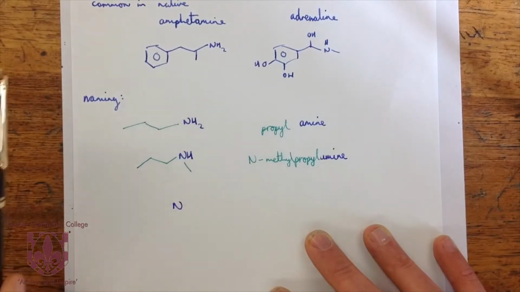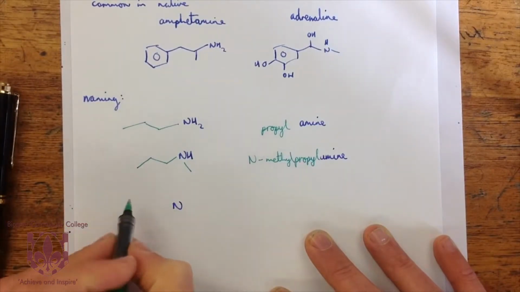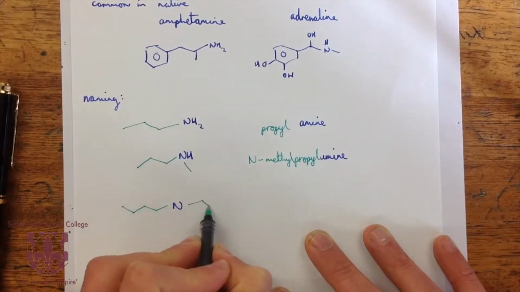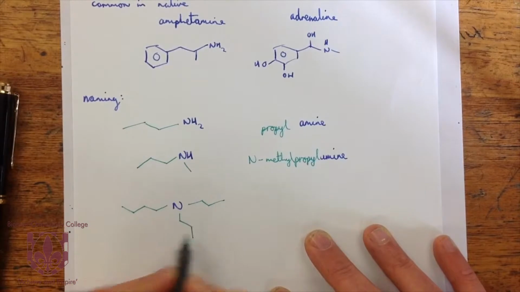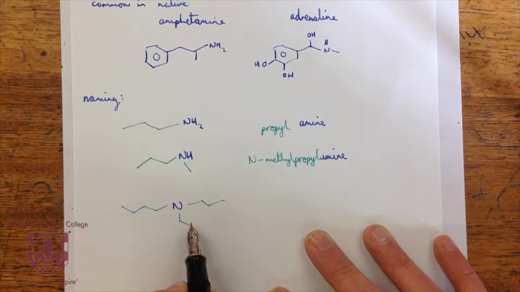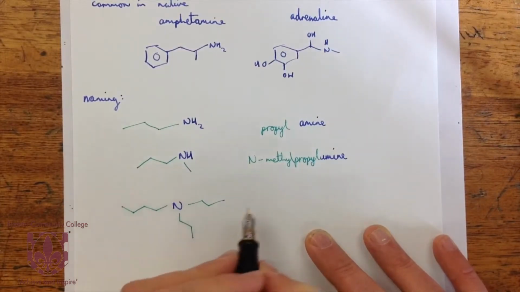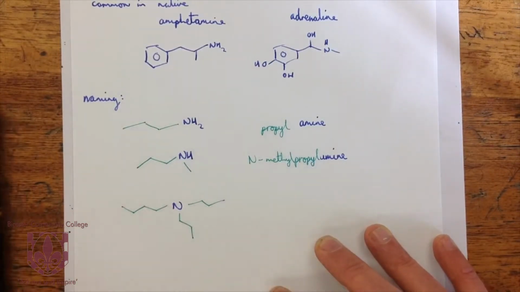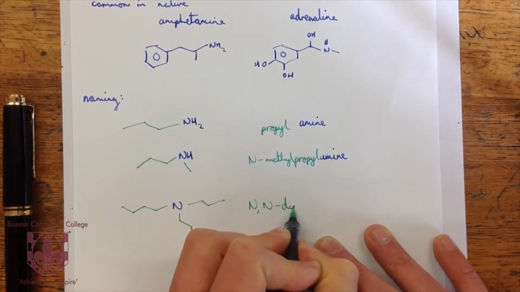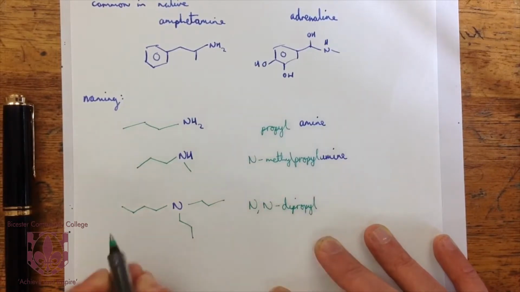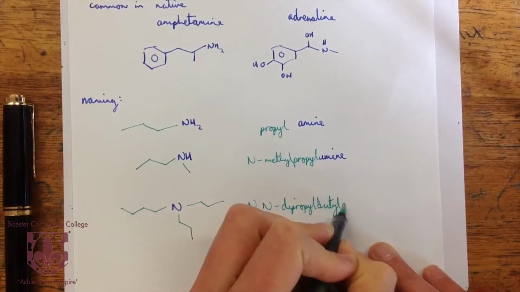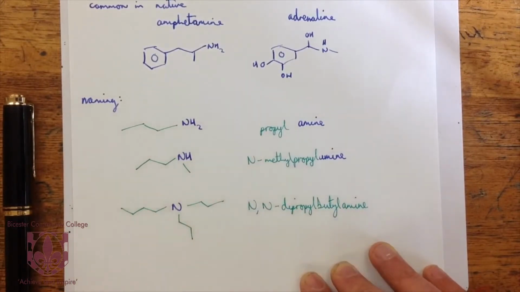Okay, and then we can have another one. And because we have two propyl groups coming off the N, this is N,N-dipropyl, and then the longest chain there, butyl amine.